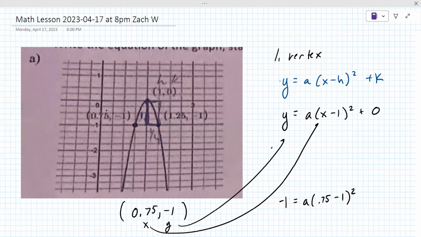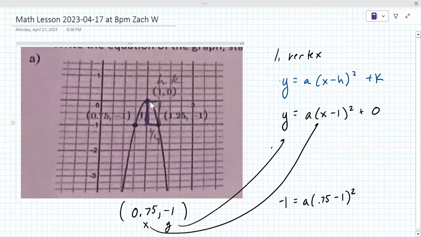Wait, so h and k is the vertex. I forgot the name of that point on the graph. What would you call that point?